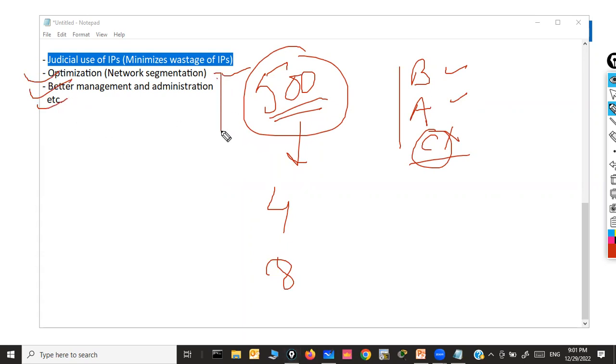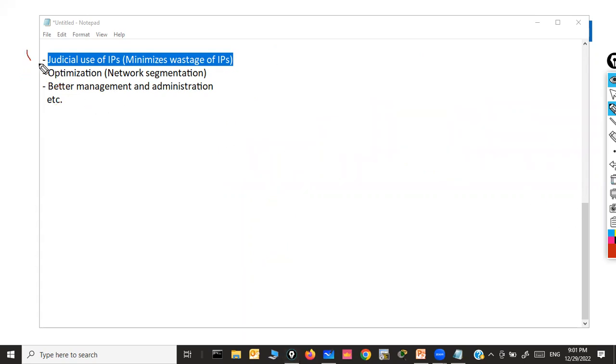But the main reason for doing subnetting is minimizing wastage of IPs. Other reasons are just supplementary. The main reason is the judicial use of IPs. So that's what subnetting is.